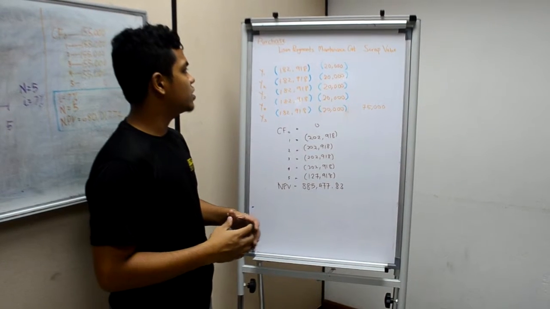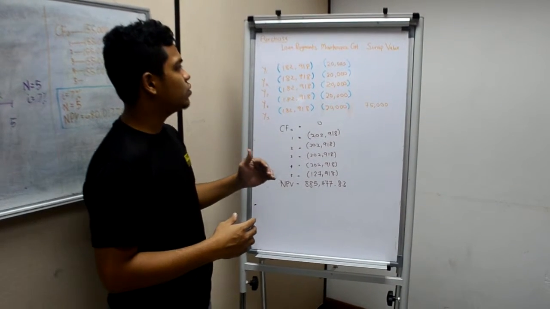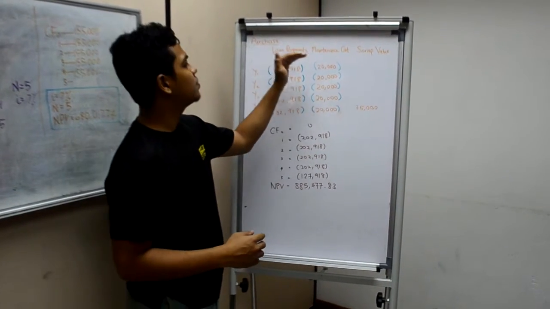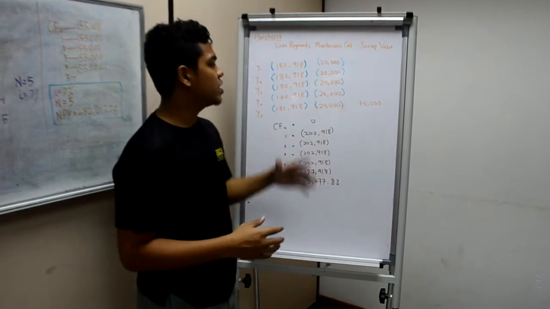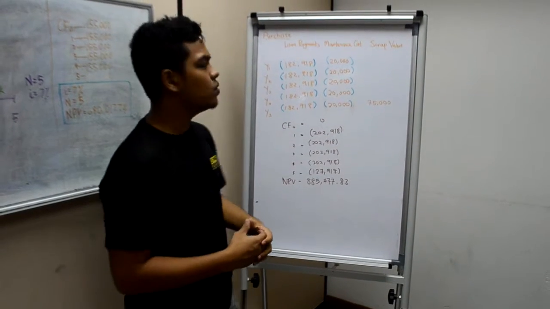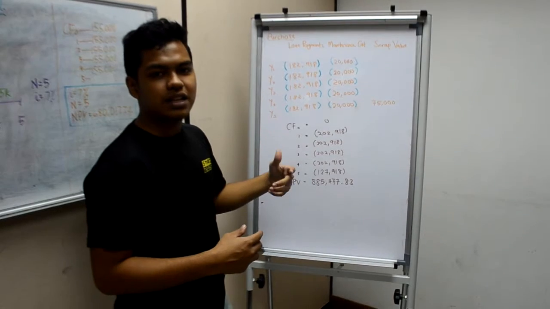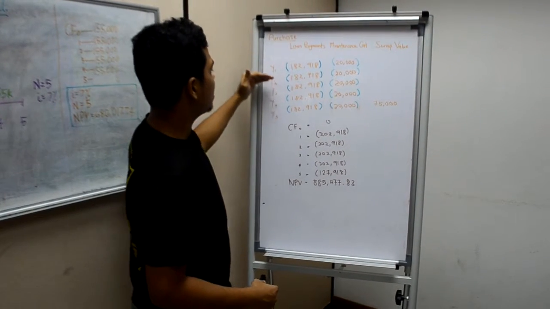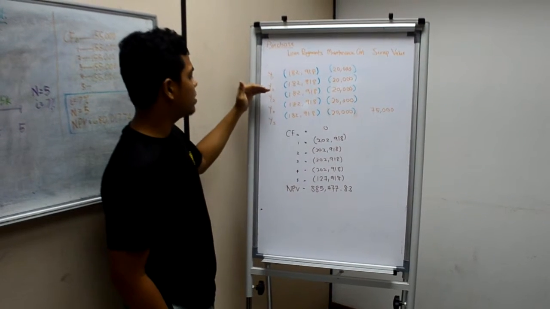So from this question, actually, we need to find out about the loan payments, maintenance costs, and the scrap value. It's mentioned already in the question that there is 75,000 of scrap value from selling the old equipment. Okay. From this, we start with year 1 until year 5.